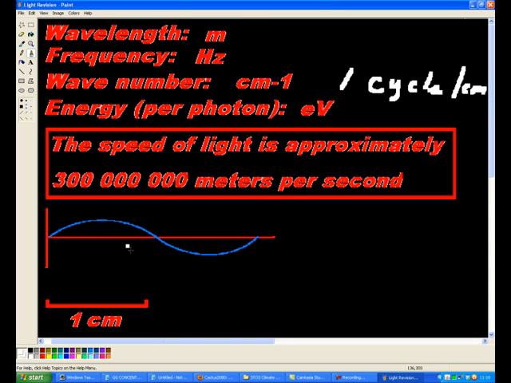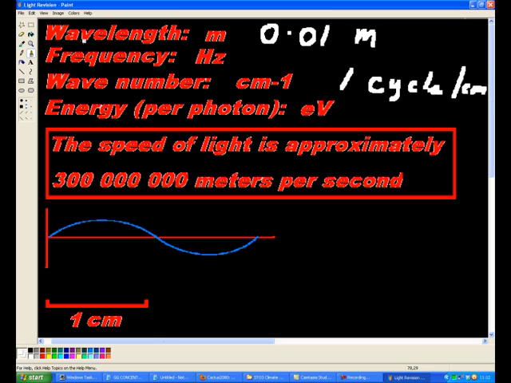Here's one wavelength, that's one cycle, and therefore the one cycle must be 1 centimeter. And of course 1 centimeter is 0.01 meters. I hope that's sort of clear to you. So basically wave number is the number of cycles there are in 1 centimeter.